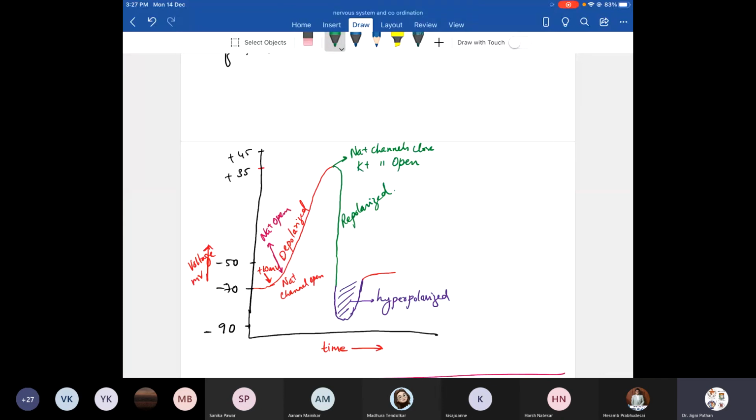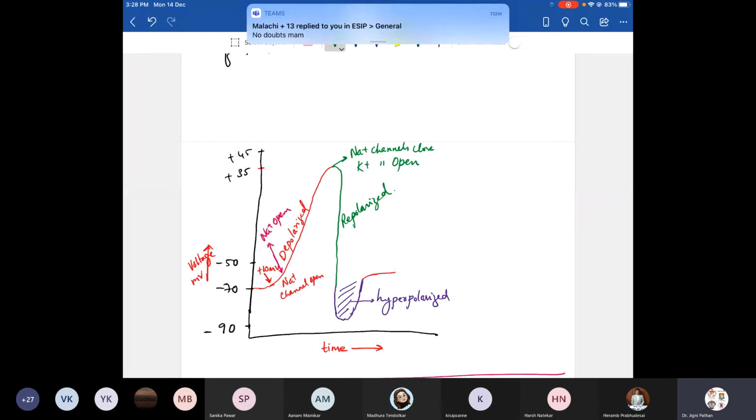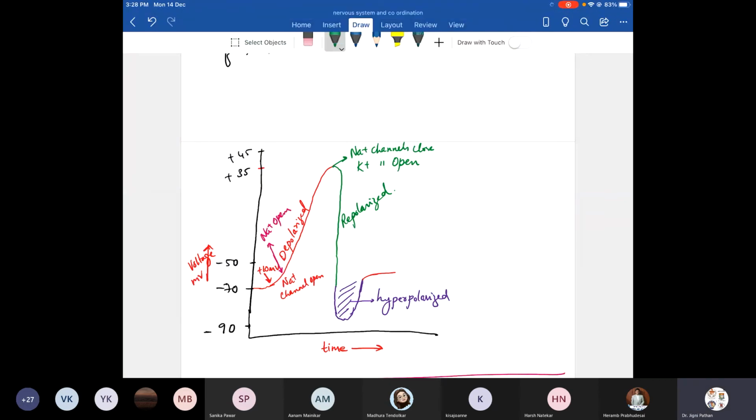So other than this part, do you have any doubts? How did you all understand the excretory system? No doubts, right?